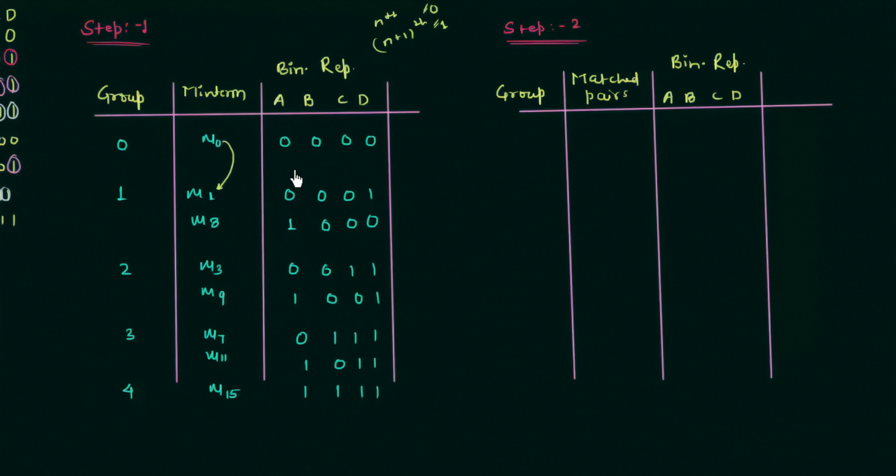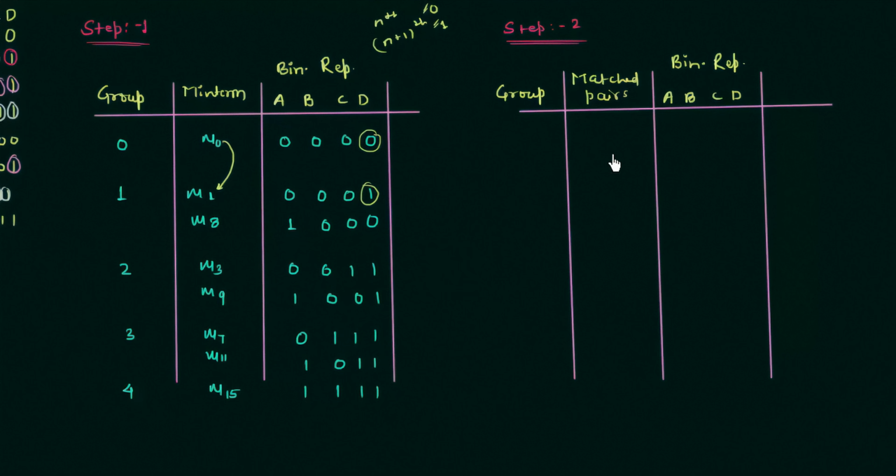So let's see, A, B, C are 0 in case of M0, and also they are 0 in case of M1, but D is 0 for M0 and it is 1 for M1. So we can say only one variable is changing. Hence M0 M1 is a matched pair, and we have to identify the matched pairs from this table, and we have to fill the matched pairs in step number 2.